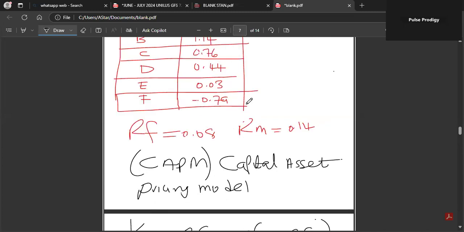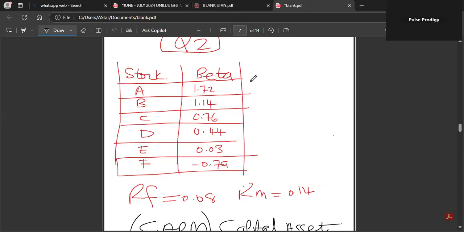For A, KE is equal to RF plus beta, return on the market minus RF. So what is KE for A?